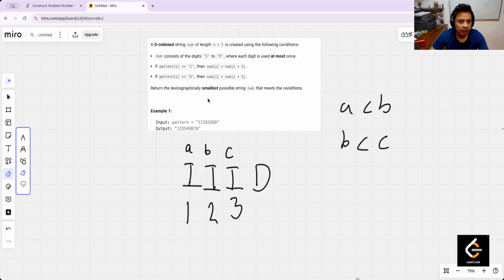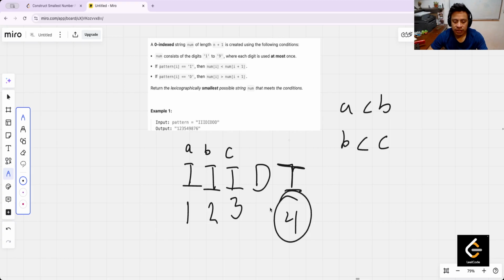The next, in this case, is I, and I can't use 1, 2, 3 because they were used, so this should have the 4. The closest number to this is, well, the 5.